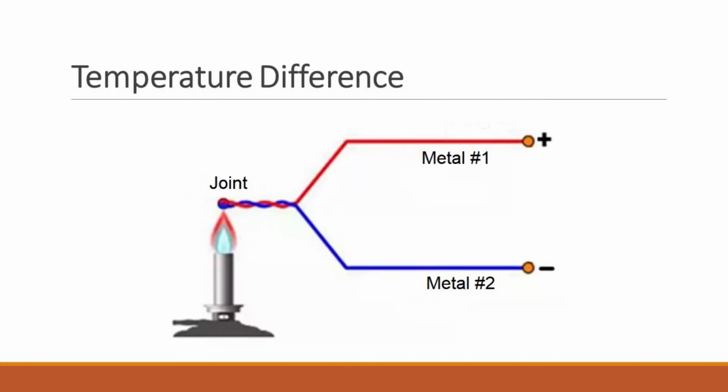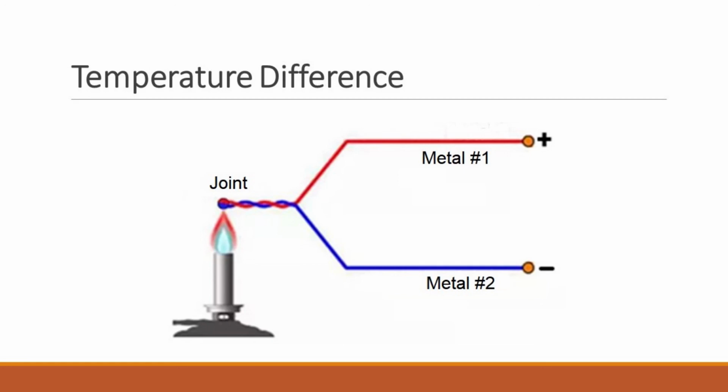Finally, another way to have electricity manifest is through temperature difference. In this case, we take two wires of different metals that dissipate heat at a different rate, and we join them at one end, and we heat that joint.